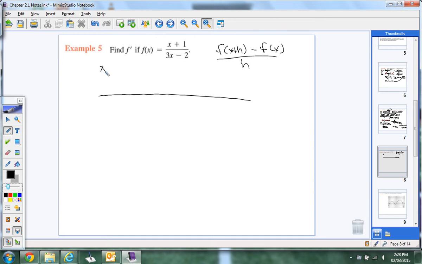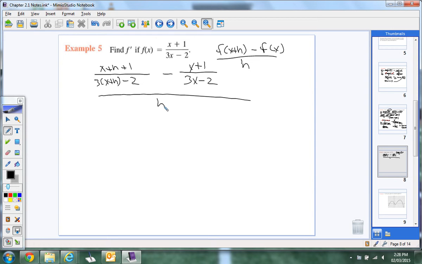So it's going to be x plus h plus 1 all over 3 times x plus h minus 2. Okay, and then minus just this again. This is where in this course that it's all over h, that you're going to have to be really good with your fraction stuff. Okay.